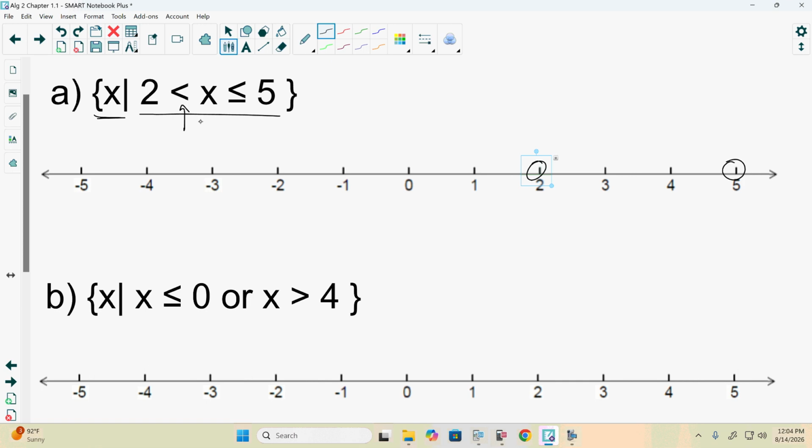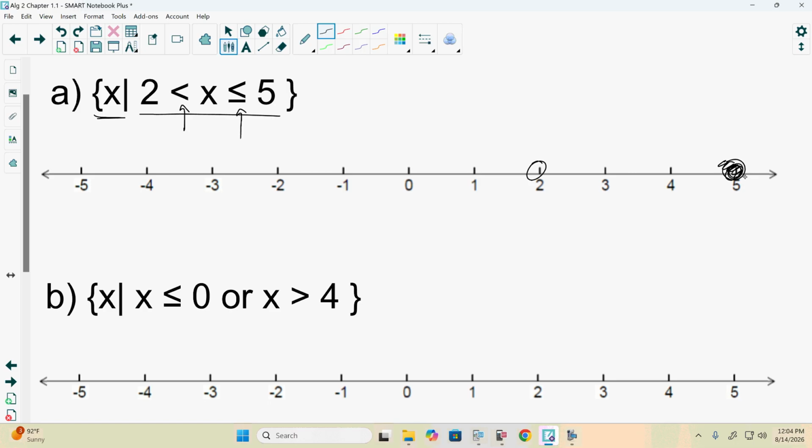But because it does not, a point at 2 is going to be open. Now, if we look at 5, because x is less than or equal to 5, since it is equal to it, we need to fill that point in. Questions on this here?